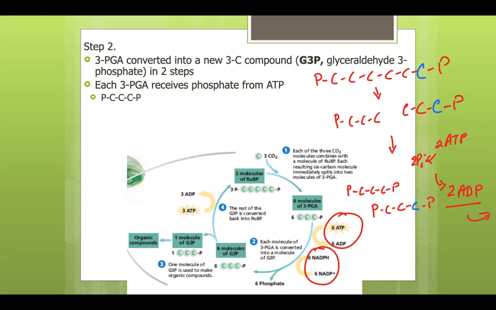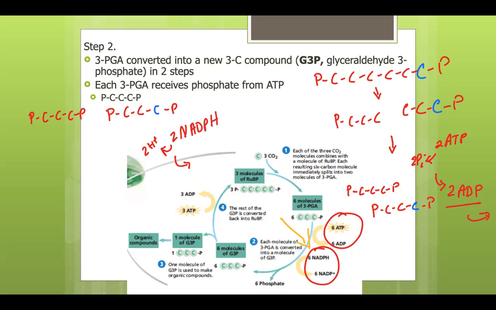Then the next step is going to involve reducing NADPH to NADP+. So in this case, I'm going to go to the left side of the screen now. I'll rewrite what we have. We have P-C-C-C-P, and we have another one, P-C-C with a blue C, P. Now we have 2 NADPH. We're going to take off 2 hydrogens. Those 2 hydrogens are going to replace the phosphate that we just added.